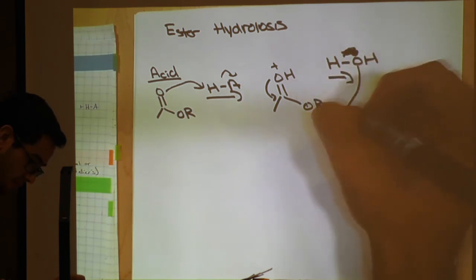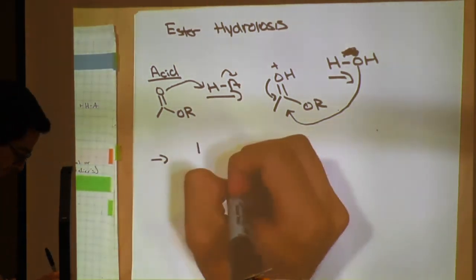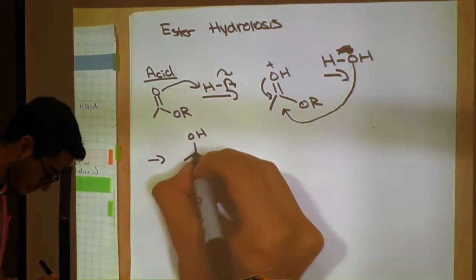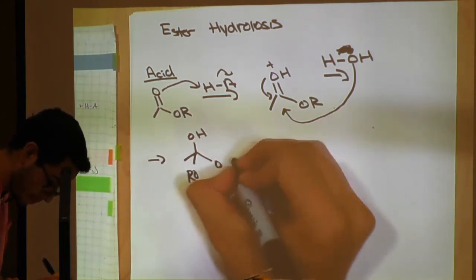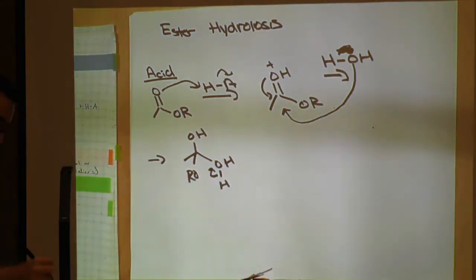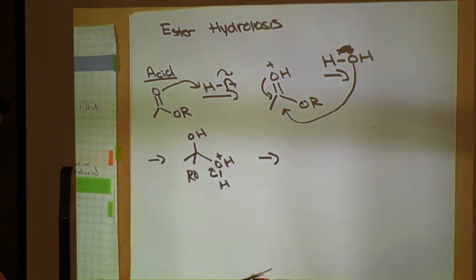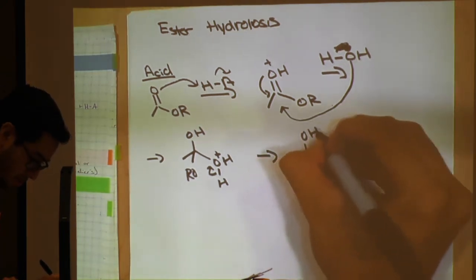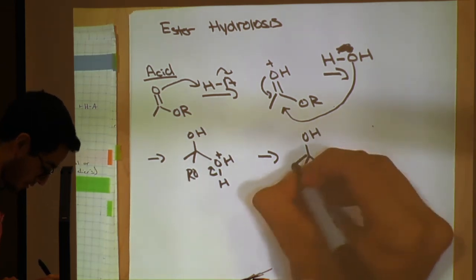This negative is going to go here. You're going to go ahead and deprotonate it to fill this out. So ester hydrolysis again starts off with that Gem-Diol formation, as you can see, because now we have our OH, our OR group, and our methyl.